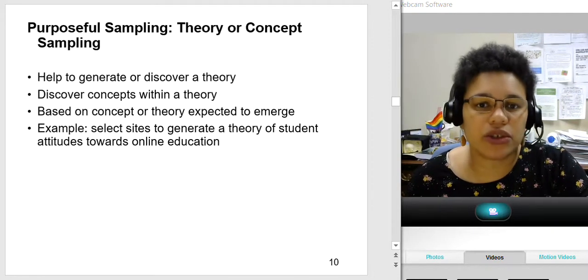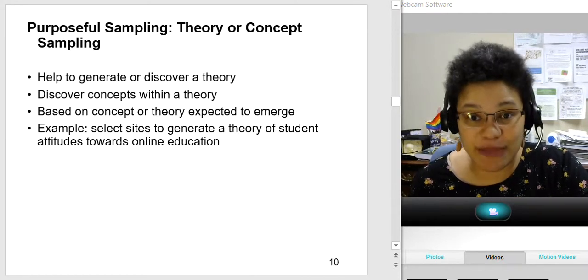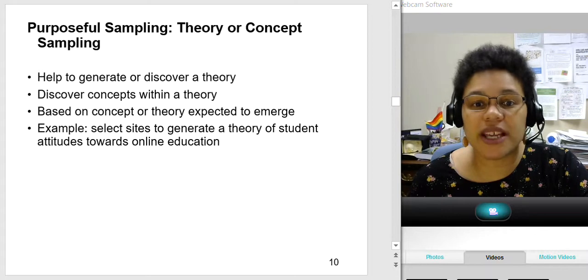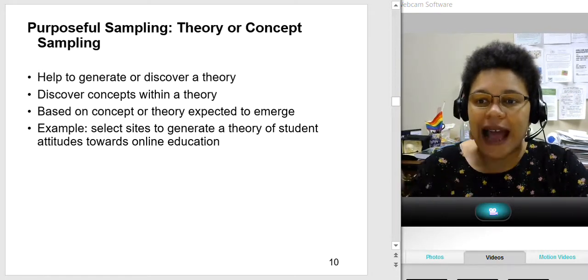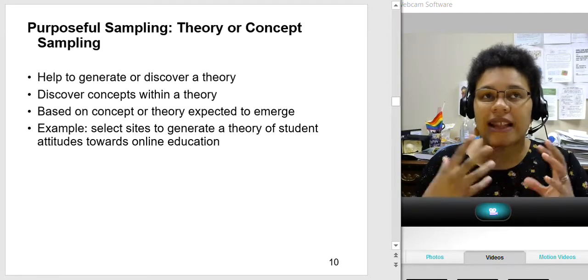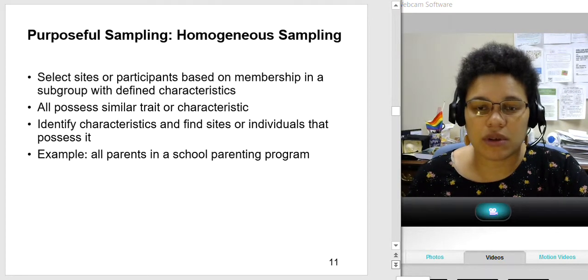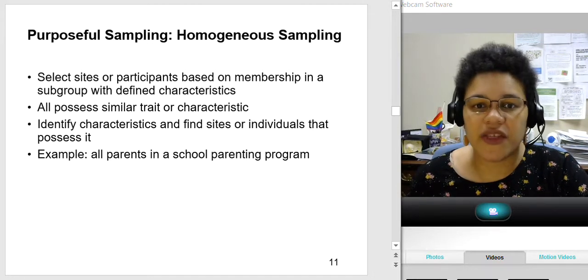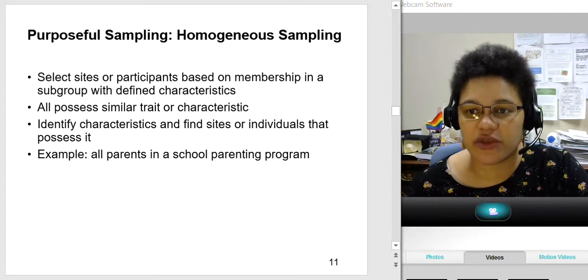Sometimes you're trying to generate or discover a theory, right? Grounded theory, you'd be doing that. And you'd be selecting sites that would allow you to illustrate that theory or concept. Homogeneous sampling: looking for a subgroup with defined characteristics.